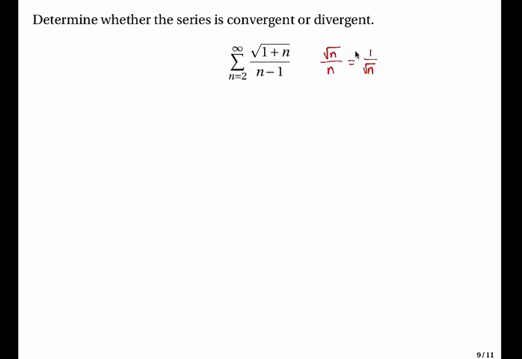If we consider the series with this term, this is a p-series with p equals 1/2, and that's less than 1. And therefore, the series with this term will be divergent. So, with that, try to make sure that 1 over square root of n is less than or equal to these terms here. But that is easy.